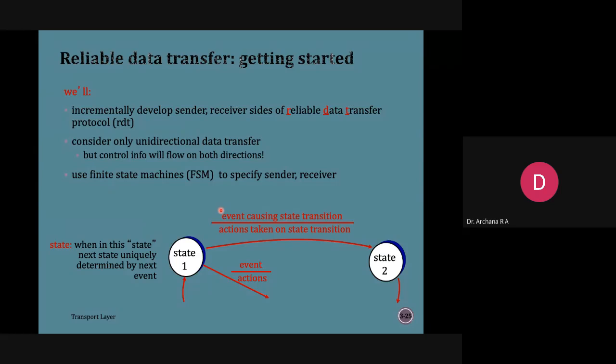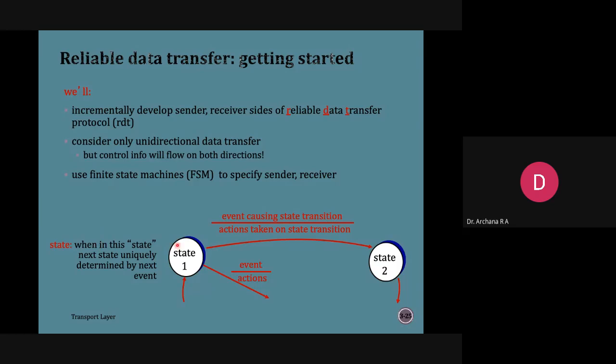So whatever states you represent, if you give some input, it will go to a known state. Depending on the event that occurs, the action takes place, and after the action, there will be a transition from one state to another state, that is from sender to receiver, receiver to sender, sender to sender, or receiver to receiver.